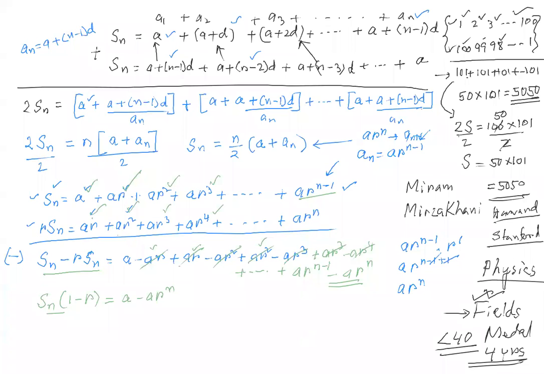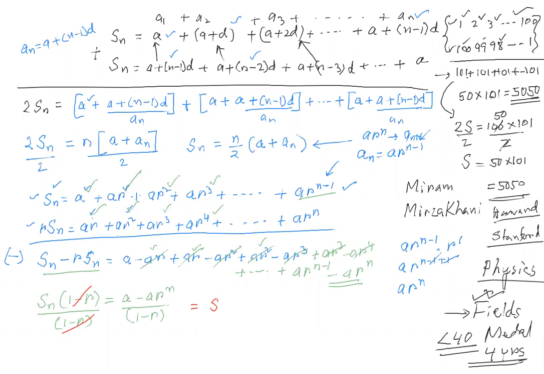Now you divide both sides by 1 minus r, and then what you get is this. This and this cancel out.